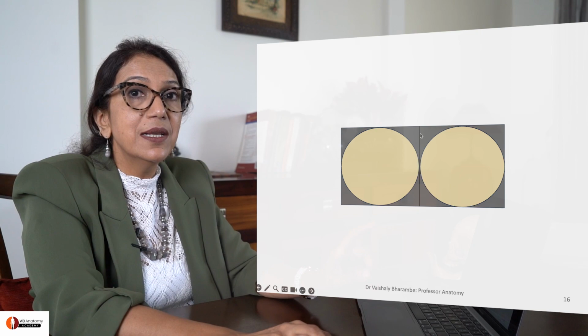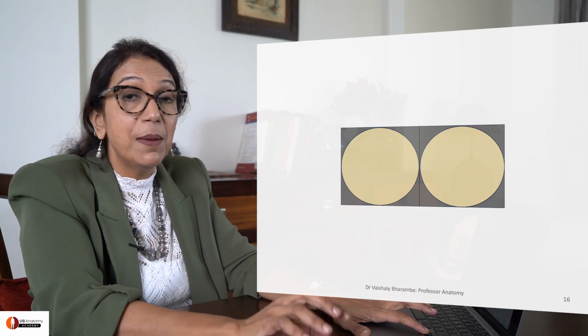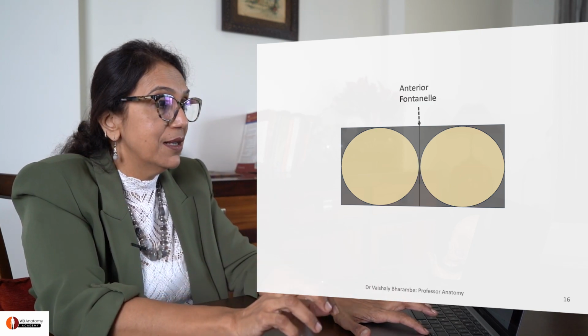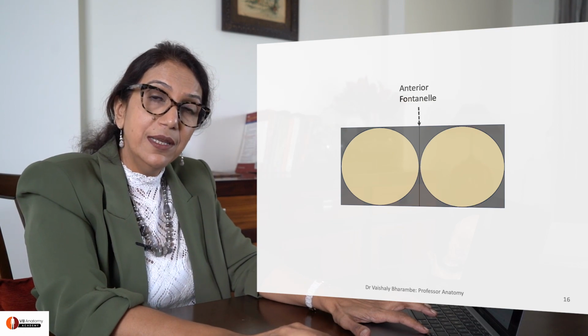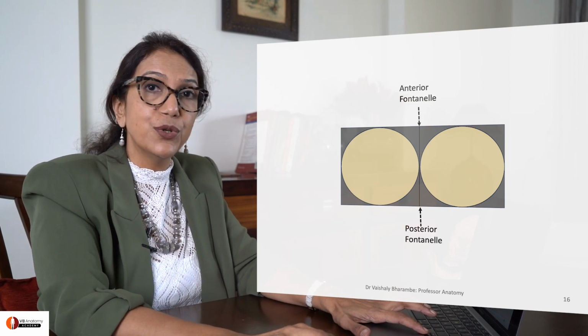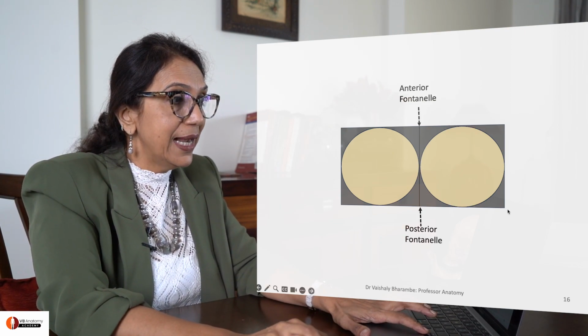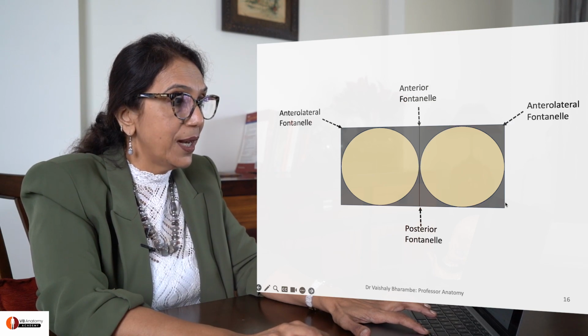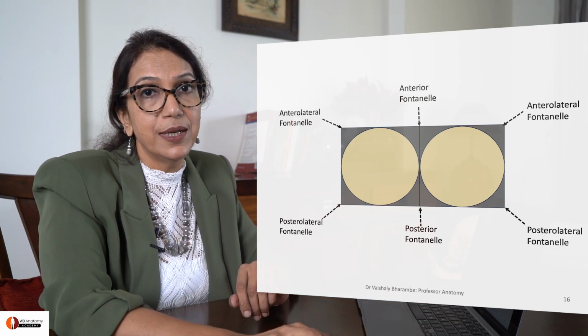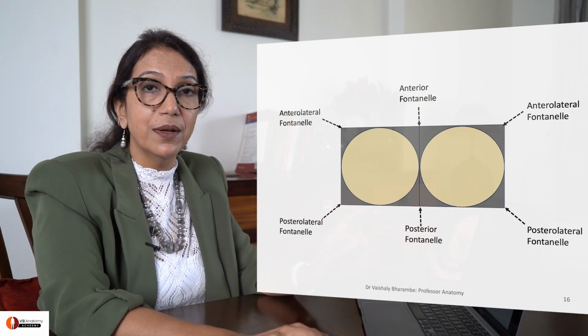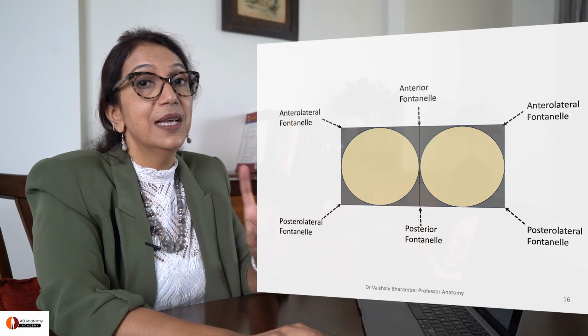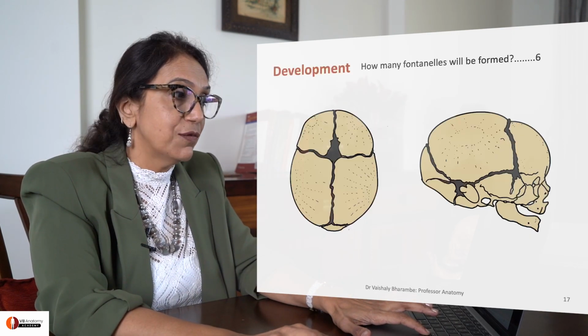These are membranous fontanelles: anteriorly the anterior fontanelle, posteriorly the posterior fontanelle, and at the lateral corners the anterolateral and posterolateral fontanelles. Count how many fontanelles are formed. Six fontanelles are thus formed.